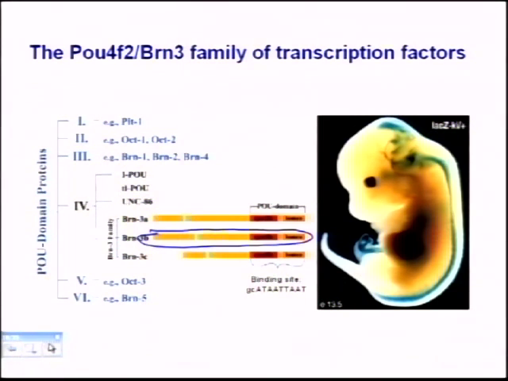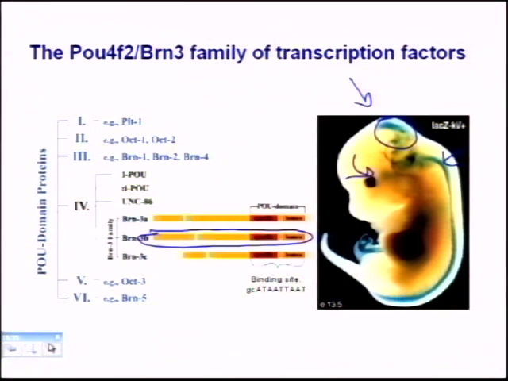And here in this panel, in this picture from an E13.5 embryo, we've knocked a LacZ into the Brn3b locus, and we're asking where is Brn3b being expressed by the LacZ reporter. And we can see it's expressed in the dorsal root ganglia along the spinal cord, some parts of the mid and hindbrain, but most importantly, it's expressed in the neural retina.